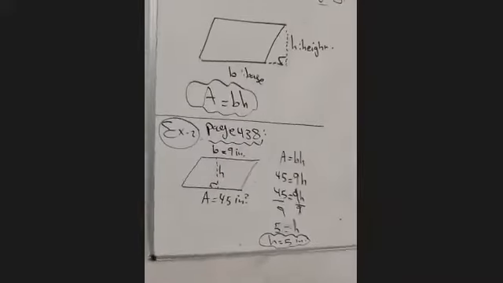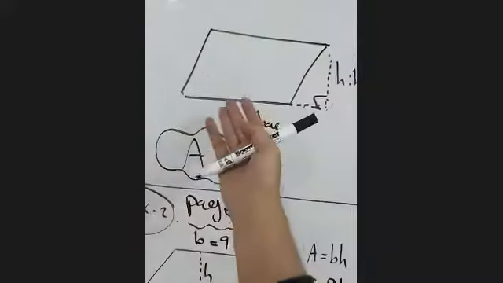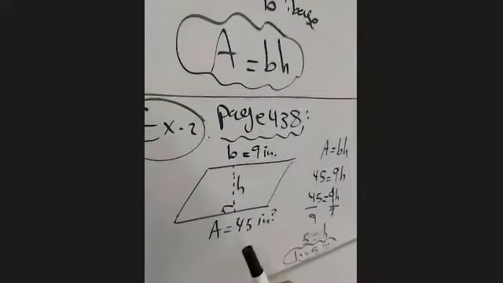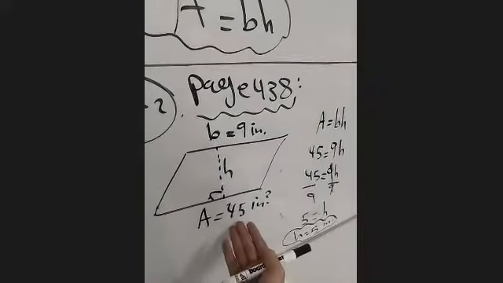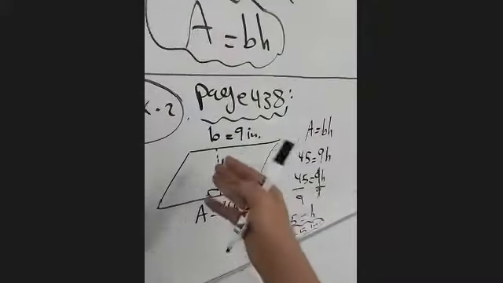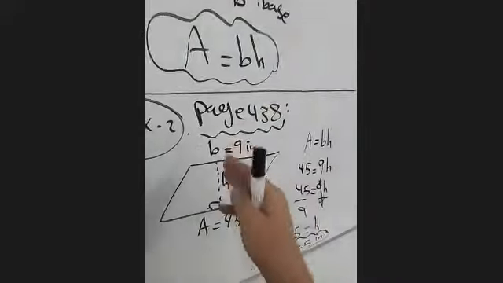So here, guys, yesterday I gave you the base, I gave you the height, I wanted from you the area. Today, the area is given, and they wanted from us to find one of the dimensions, either H or base, sorry.